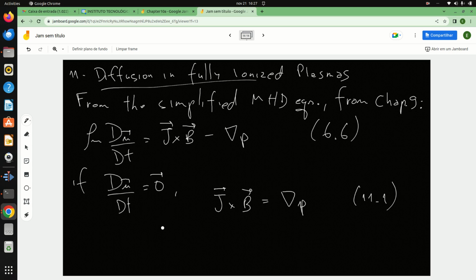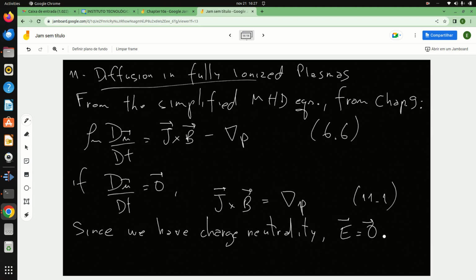Okay, note that if the electric field is equal to 0, which in this case is what we have because of the charge neutrality approximation used in MHD equations, the electric field will be 0, and rho, the charge density, is also 0. Now, this is mass density, but the charge density is 0.